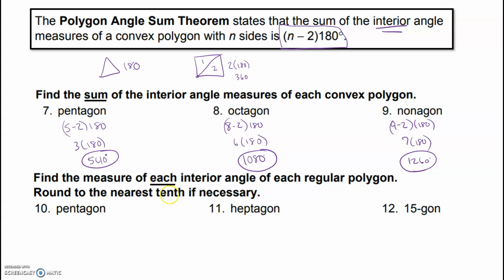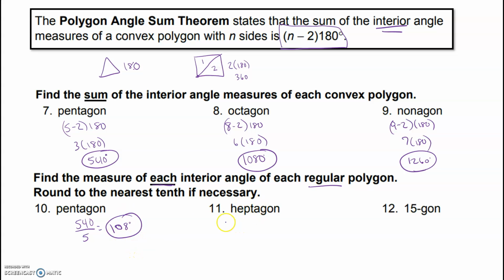Now the difference in these 2 directions, so notice these are both pentagons, but this says each interior, so they want 1. And they told you they're all regular, so they're all the same. So we know the interior angles add up to 540, and we're going to split it evenly between 5 sides. So 540 divided by 5, and we get that each angle is 108 degrees.